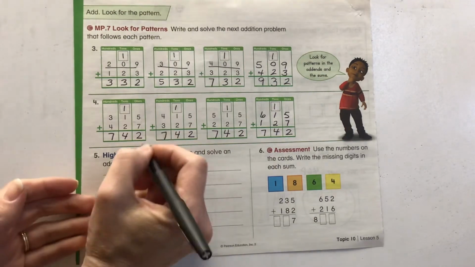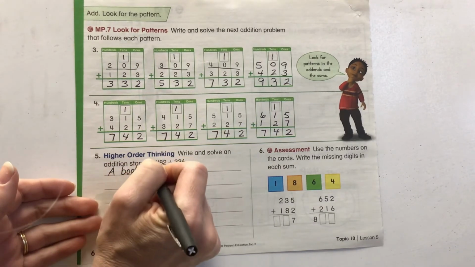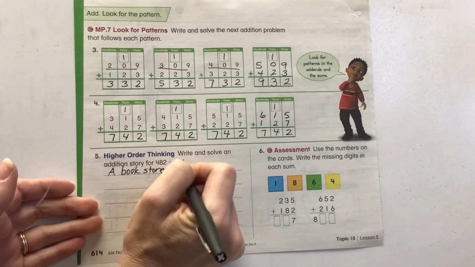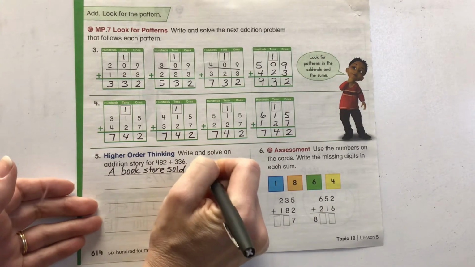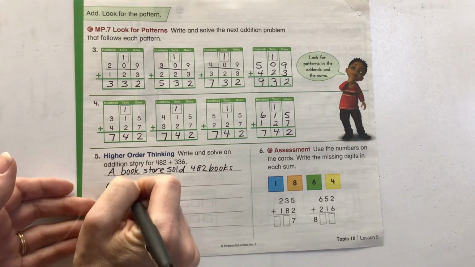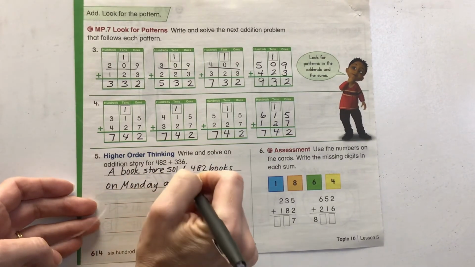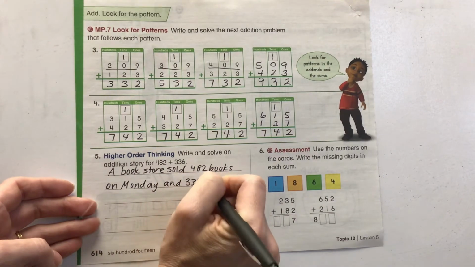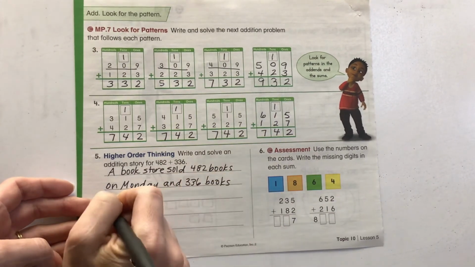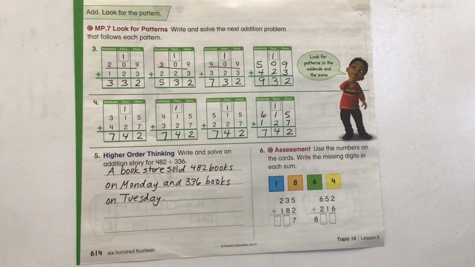But I could say a bookstore sold 482 books on Monday and 336 books on Tuesday.